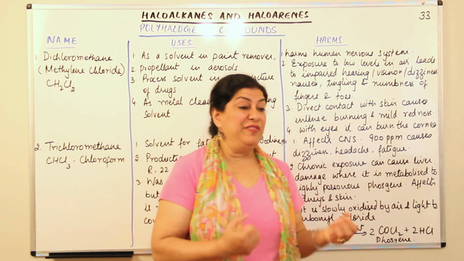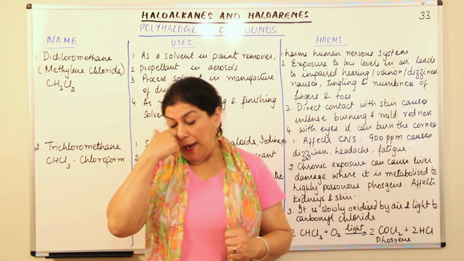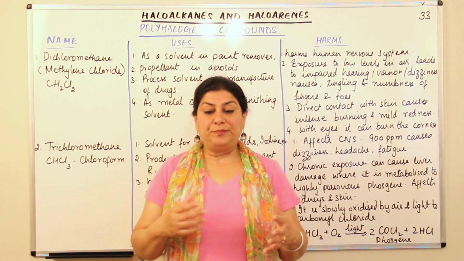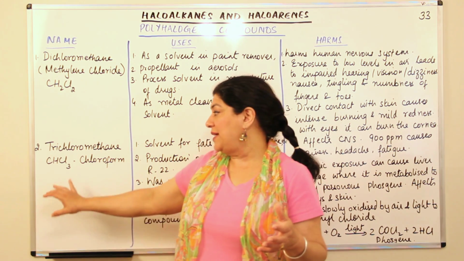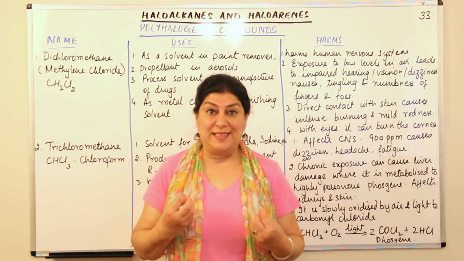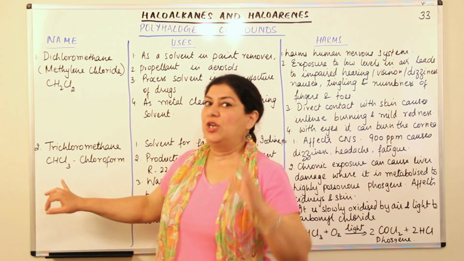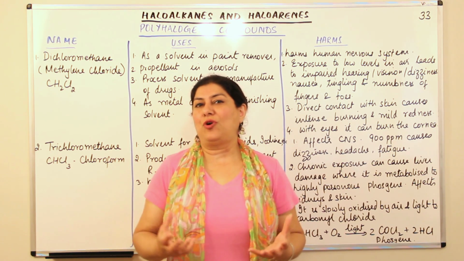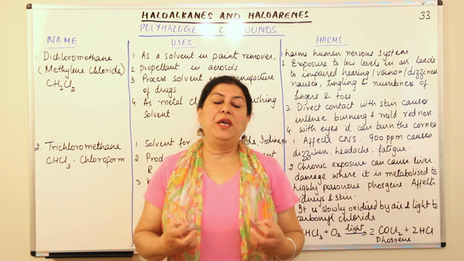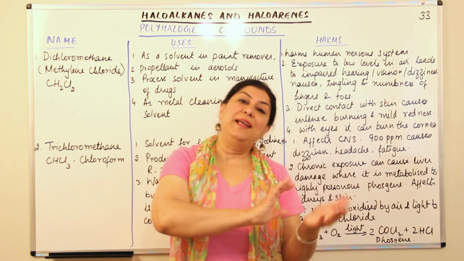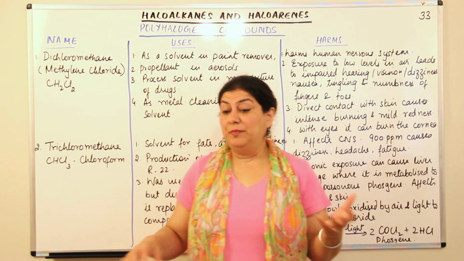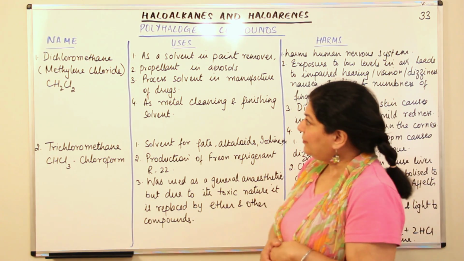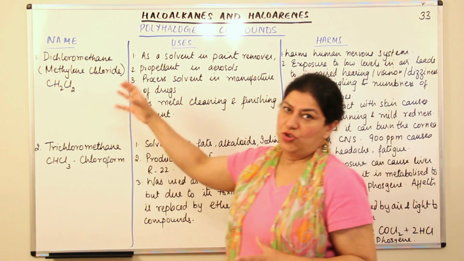They cause organ failure, they affect your organs, and they may be used in medicines, or like I'll just talk of chloroform, for example, which is used as an anesthetic, or it is not currently used. It used to be used as an anesthetic, but then it was found that it had a lot of toxic effect on the body, and therefore now it has been replaced by other anesthetics. So let me just take these 2 first.